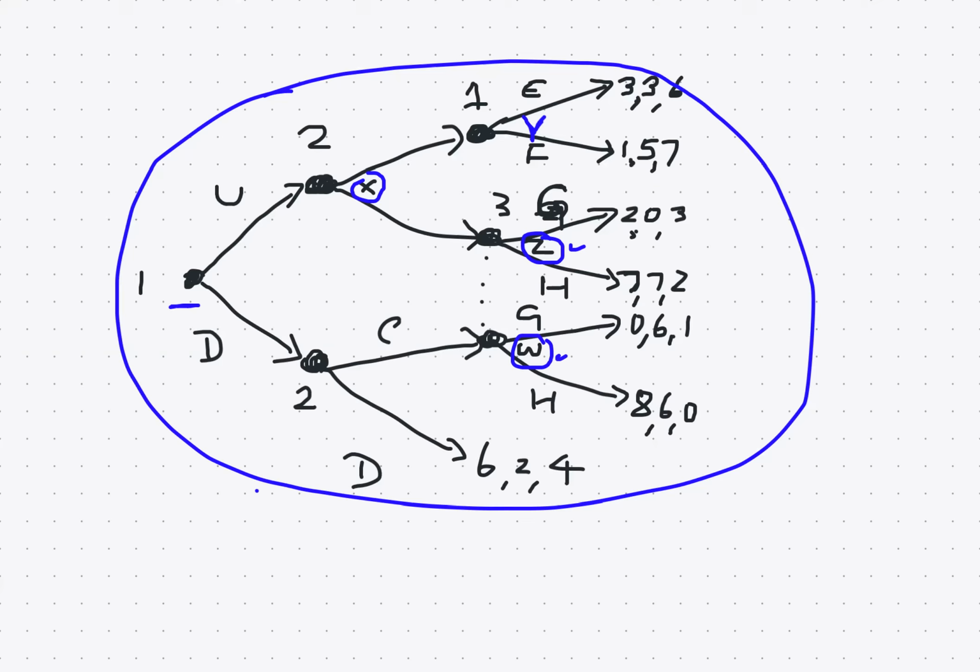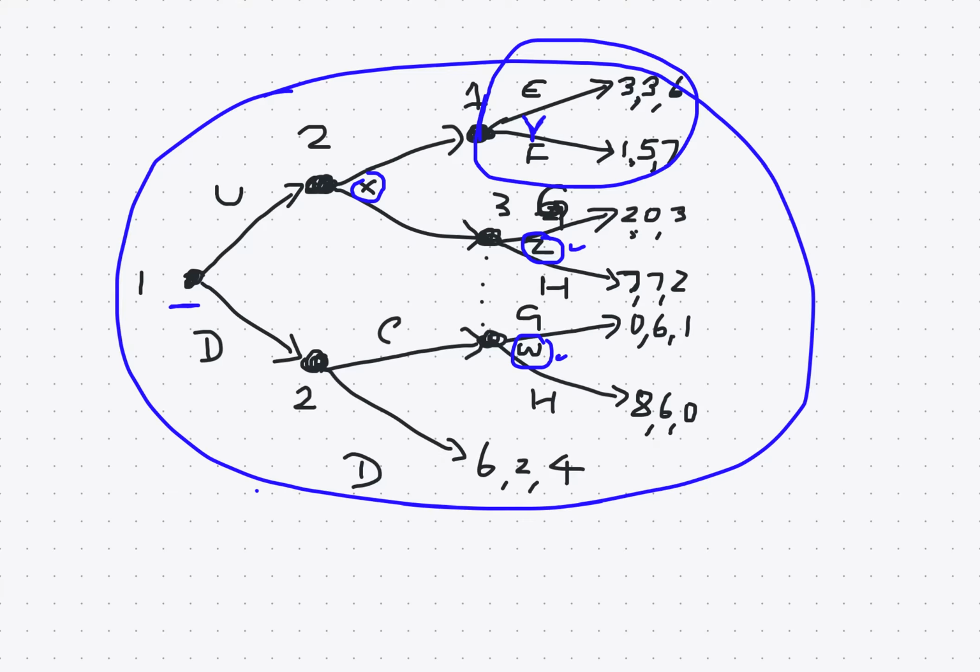Therefore, this extensive form game has only two subgames. The first one is the entire game, and the second one is the proper subgame starting at node Y. So this is another subgame.